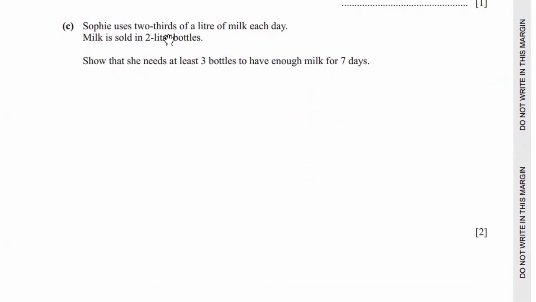Part C says Sophie uses 2/3 of a liter of milk each day. Milk is sold in 2-liter bottles. Show that she needs at least 3 bottles to have enough milk for 7 days. So if we find 2/3 of 7, because each day she needs 2/3 of a liter, for 7 days she's going to need 2/3 times 7, which is 4.6 recurring liters.